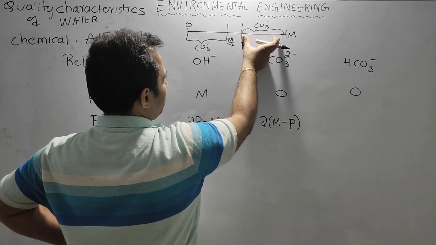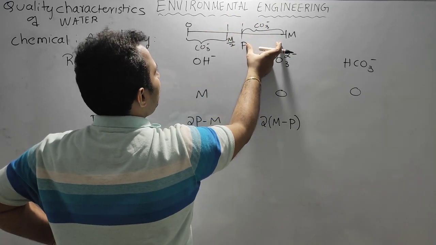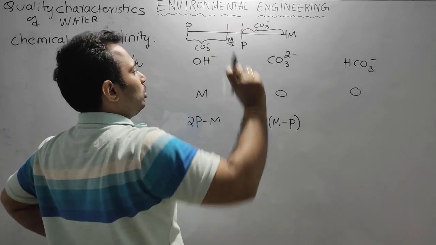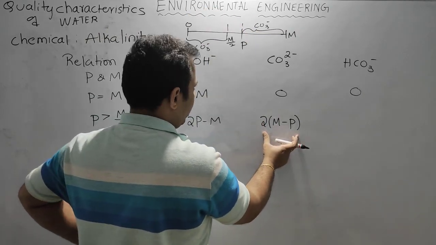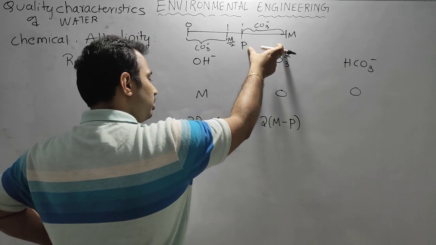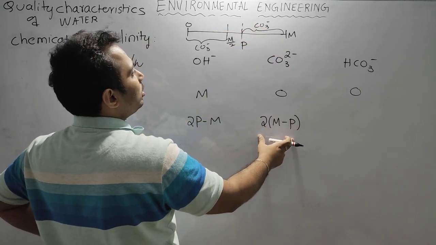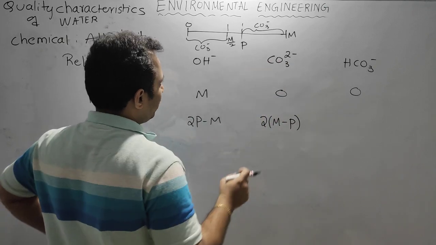So this is 50%, another 50% is needed here. So M minus P and M minus P, 2 into (M minus P), is the concentration of CO3 2 minus.